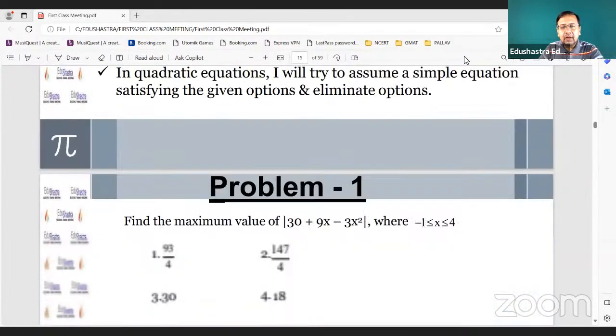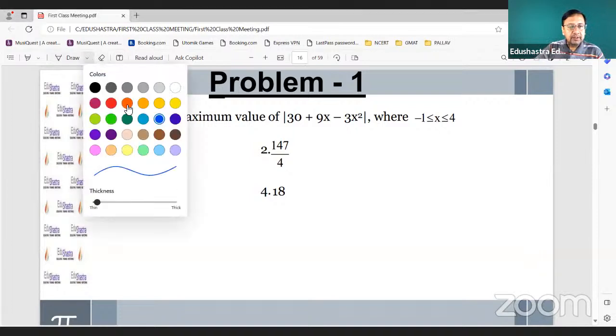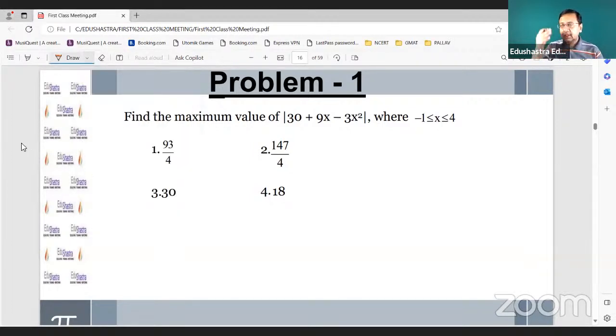Now, coming to this first problem. This question is related to algebra, right? And in algebra, we have various topics and concepts: linear equation, quadratic equation, inequations, functions, relations, graphs, right?